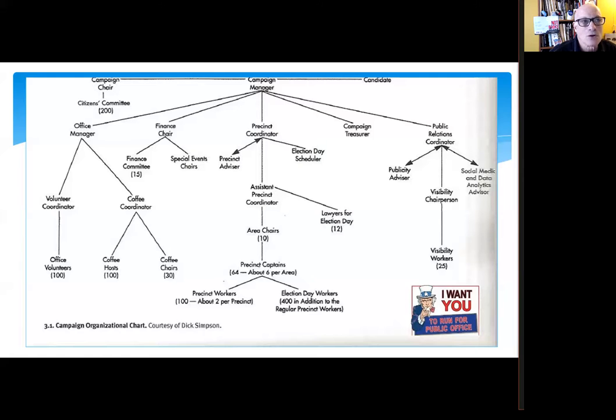There's a scheduler. The candidate is often asked to speak, come here, go there, come to this fundraiser, speak at this PTA, et cetera. You can't do them all, and you have to do them in some kind of order. That is part of the scheduler's job.